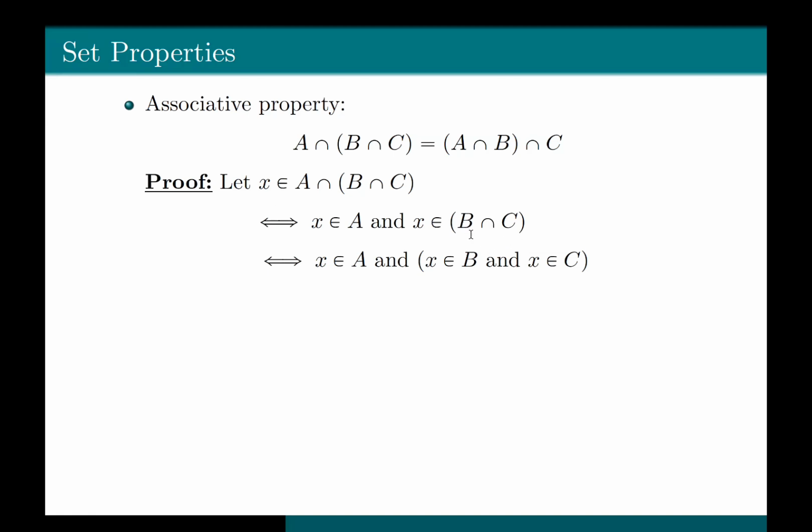It means that X belongs to B and X belongs to C, right? We have the intersection sign. Whenever we have intersection, it means that X belongs to both the sets. X is a common element.